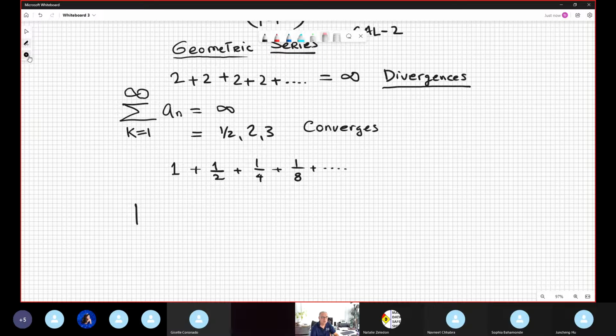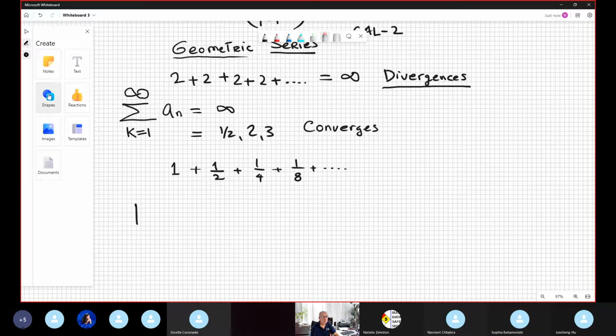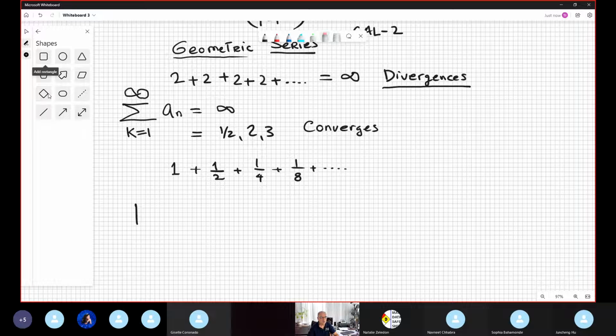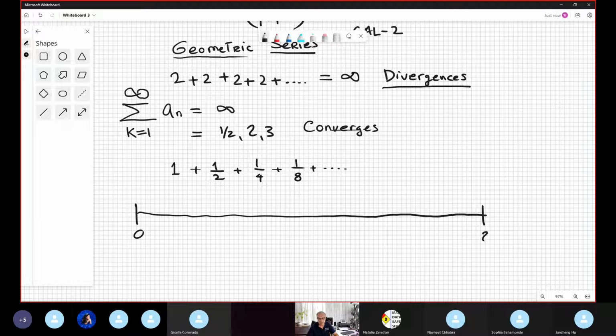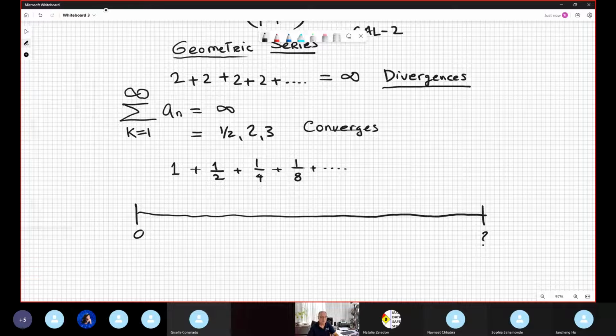Suppose one segment, a line like that. Don't worry about this. This segment starts at 0 and ends exactly, I don't know. Then you add the first one, which is 1. Suppose 1 is here.